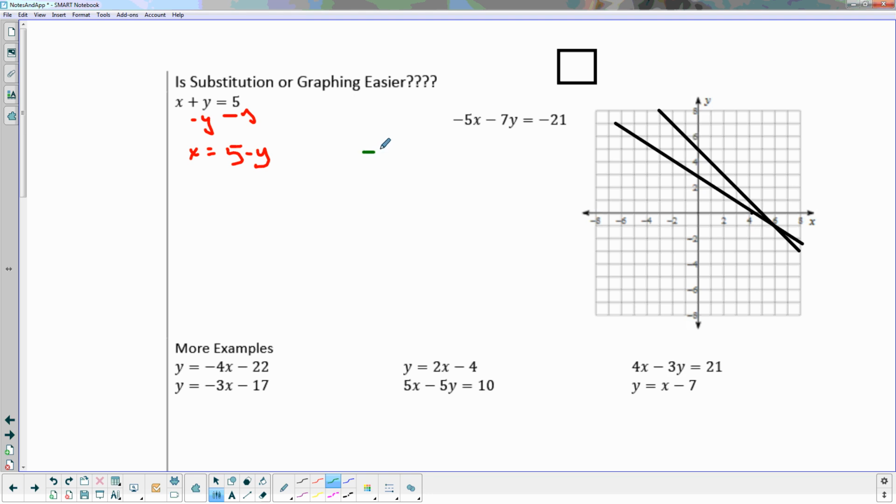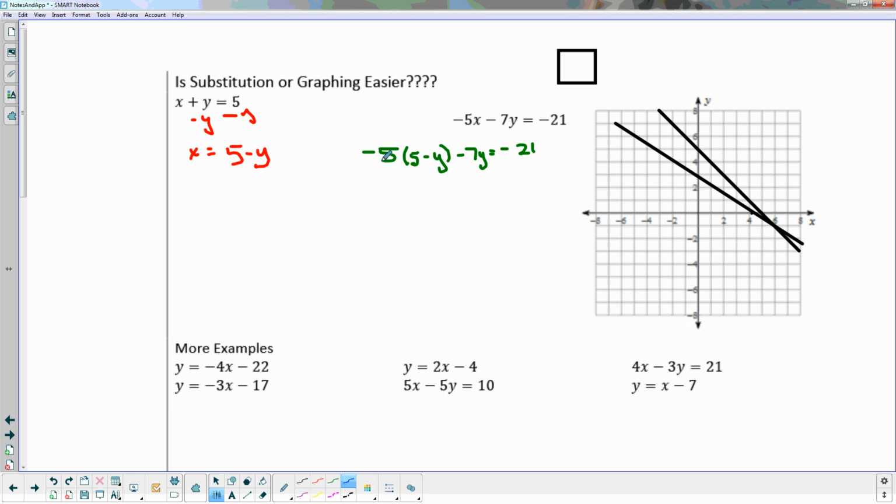So we get negative 5, and then we're going to multiply that by 5 minus y, minus 7y equals negative 21. I want to solve the rest of this equation.